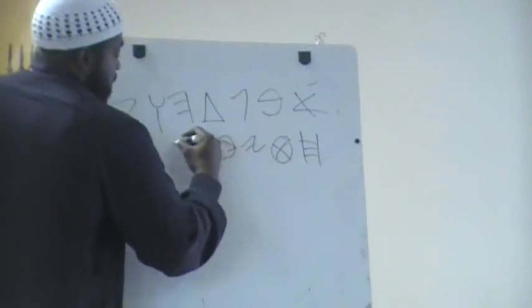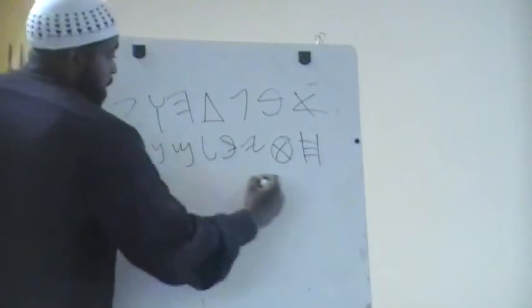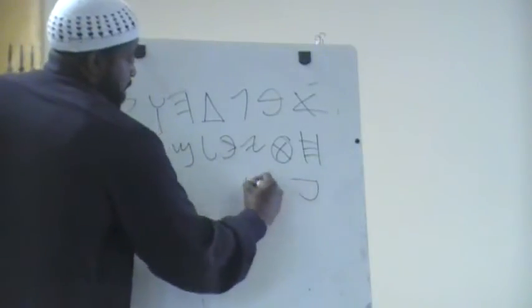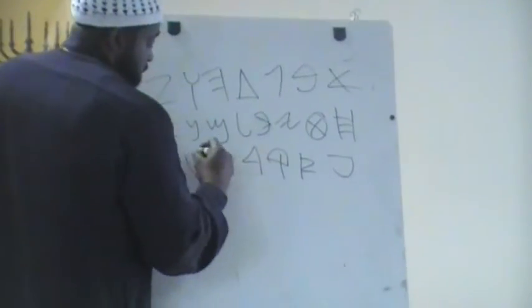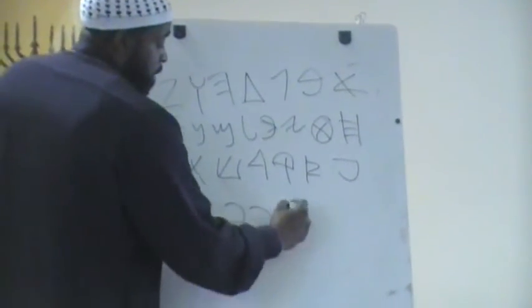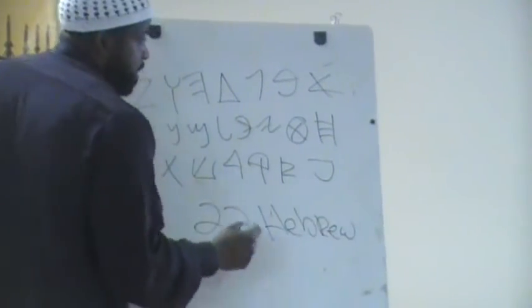We got Lord, Son. So these are the 22 letters here. Again, this is Paleo. This is not Aramaic.